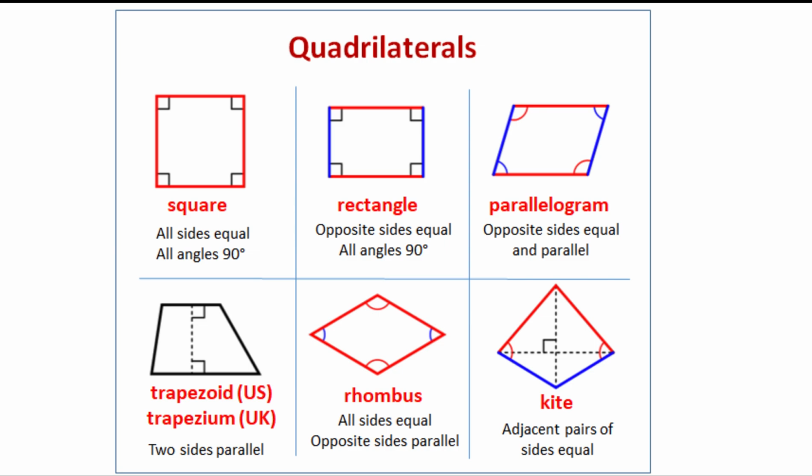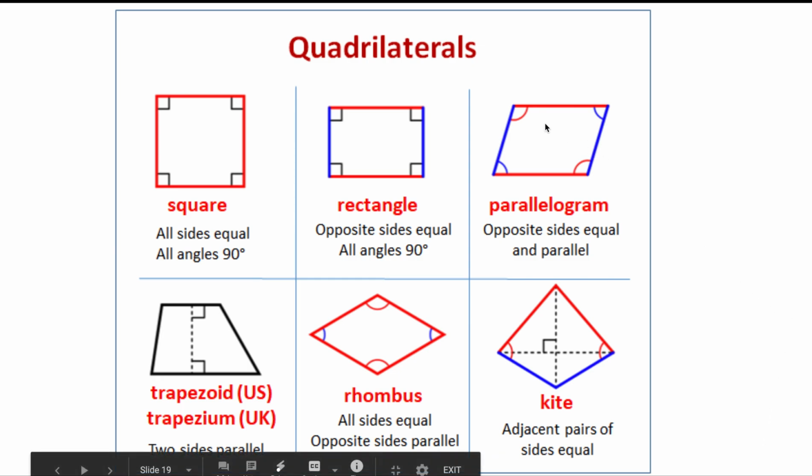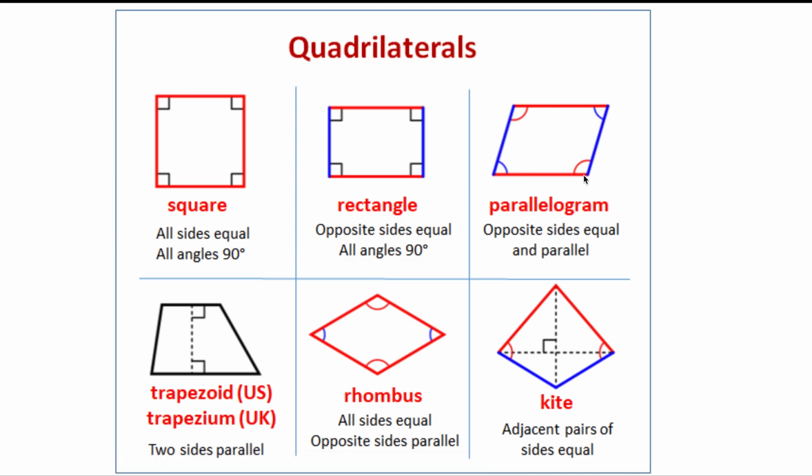Okay, parallelogram, two pairs of opposite sides are equal and parallel. So this pair and that blue pair are congruent and they are parallel. Then because of that characteristic, you can get to know these two angles are congruent, these two angles are also congruent. Okay, but they are not necessarily 90 degree angles.